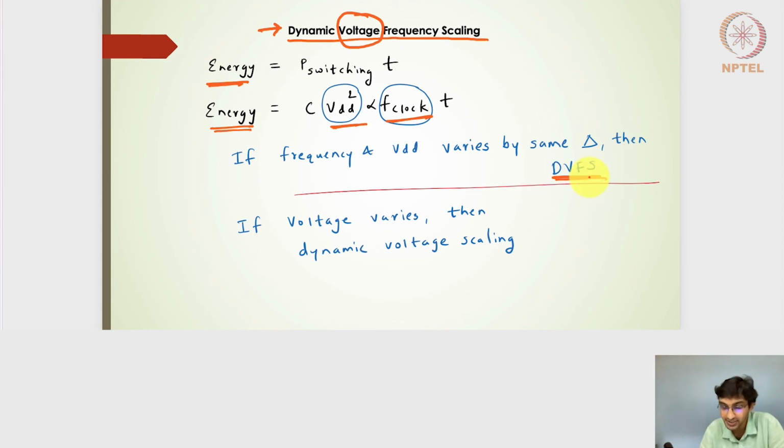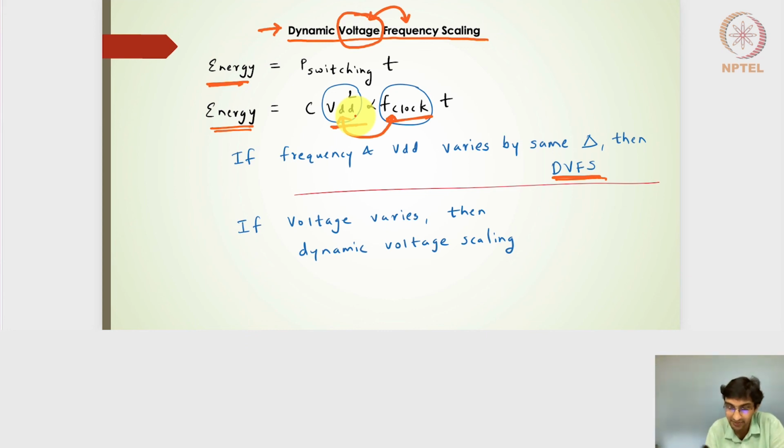What it means is, if I can somehow relate this voltage and frequency, then for a particular frequency, I will have a particular voltage. A reduction in the frequency will have a reduction in the voltage, or an increase in the frequency will have an increase in the voltage. Some kind of proportional relationship between VDD and F clock, where both parameters are decreasing or increasing.